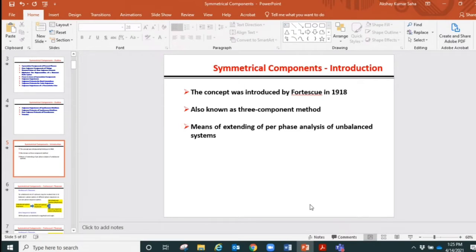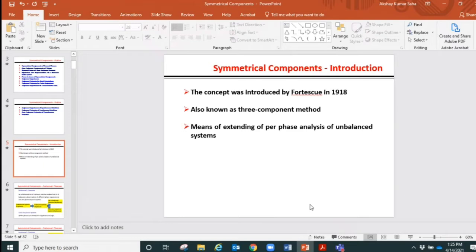Single line to ground, double line fault can happen. The chance is a little less as compared to a single line to ground fault. Double line to ground fault also can happen. So all these faults except the three-phase fault and three-phase to ground fault, which are of symmetrical nature. These two, three-phase fault and three-phase to ground fault, are symmetrical.